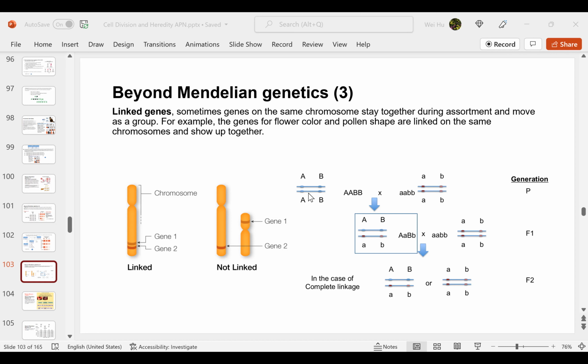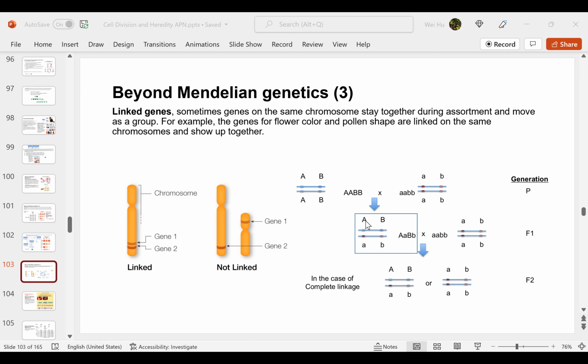If they are linked, they should move together in mitosis or meiosis, correct? So you should treat them as a single gene. For instance, you cross AB with small b, because they are linked. You should just treat it as if they only have AB.